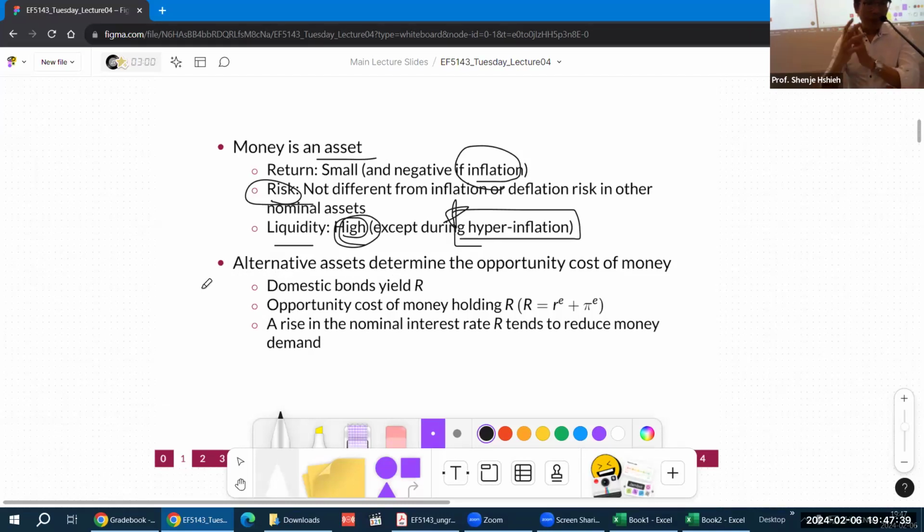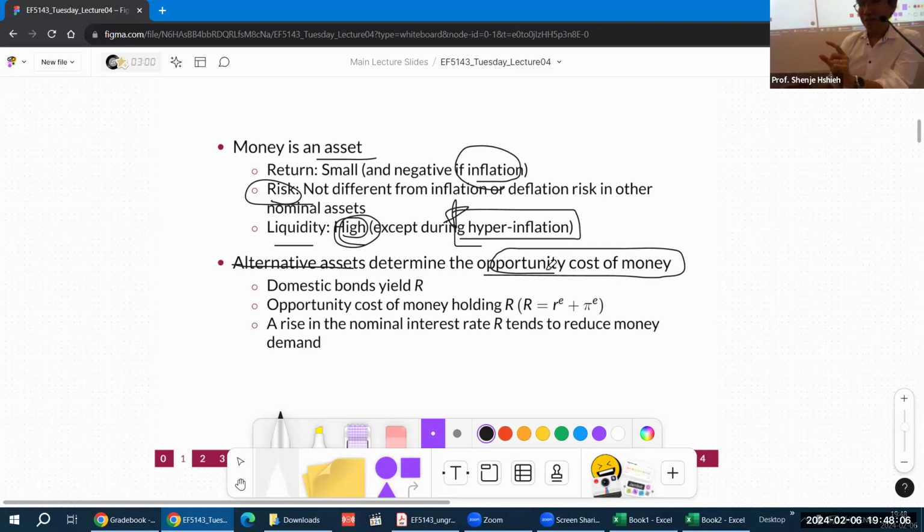All right, so how do we determine your demand for money as an asset? Well, it depends on your next best investment, right? Your alternative investments determine whether or not you decide to hold on to cash. So opportunity cost refers to the amount of value or return that convinces you to part with your money.